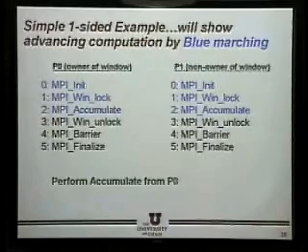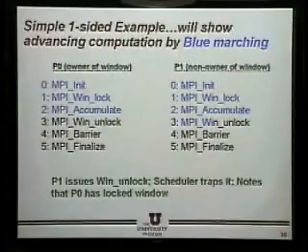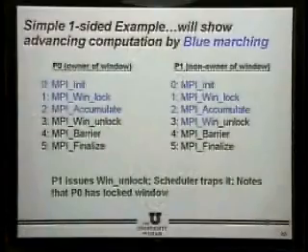And then this came, nothing happened. And then let's say that P1 issues a win unlock at this point. So it is sort of half issued. At that state, the scheduler traps it and says okay, it knows that the window has been locked, but that's fine. We need to still make P1 really fight for the window in the MPI system, so it has no choice.